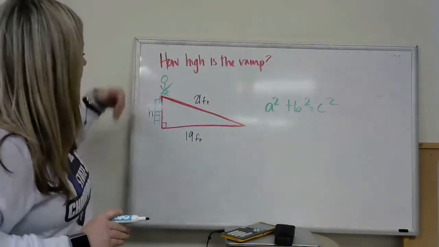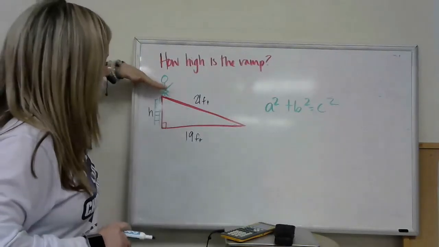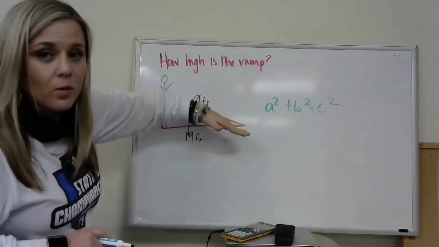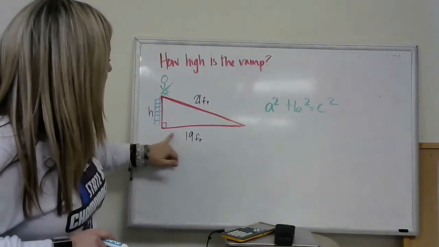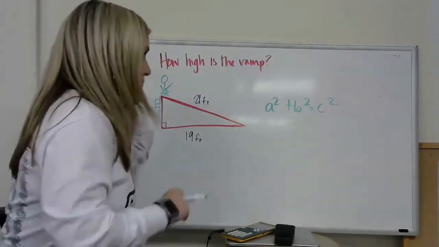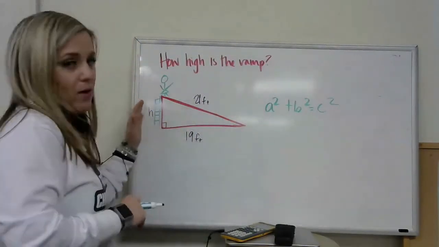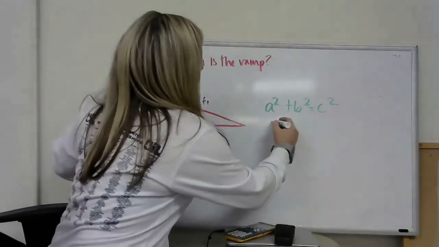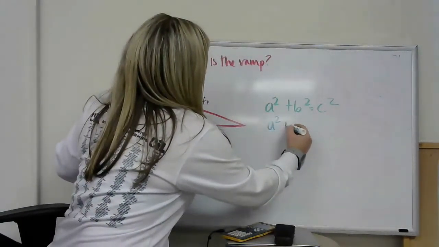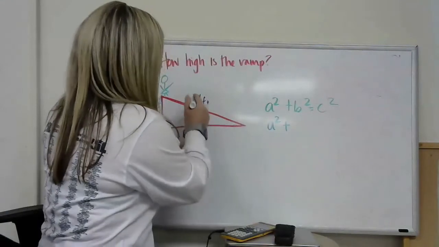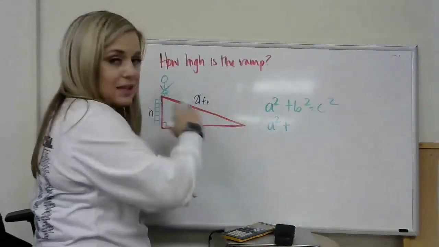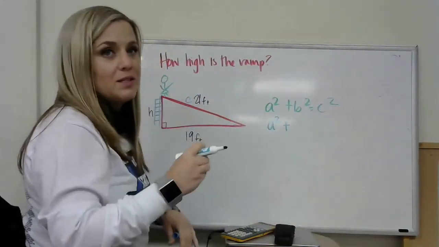All right, so here I am. We know that the slant, the hypotenuse, is 21 feet, and that the length is 19 feet. So we're going to say this is a right here. We have a squared, we don't know what that is, plus b squared. This is b. Now remember, the hypotenuse, the long slant end, is always going to be c.